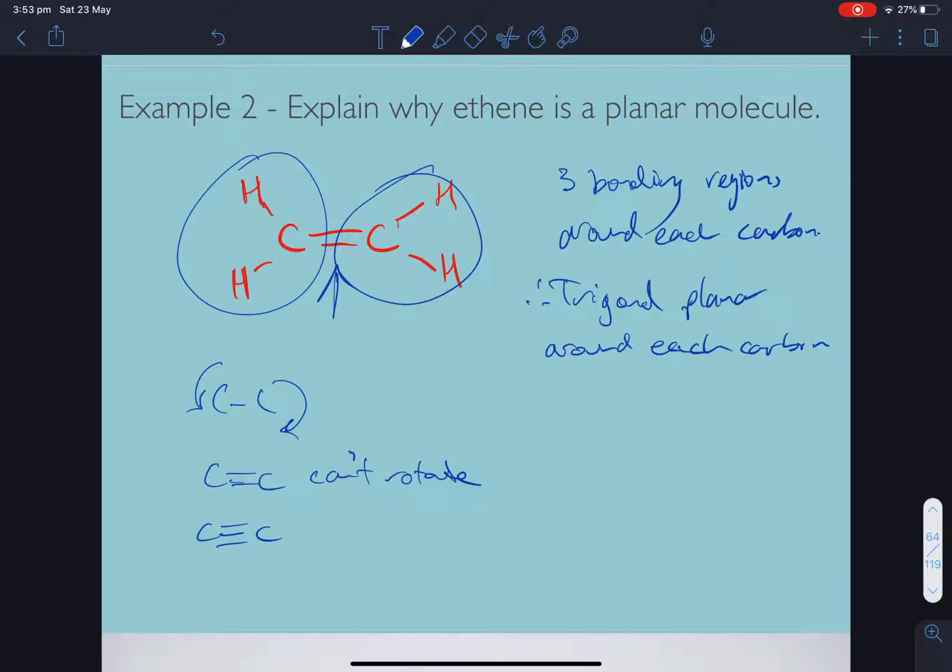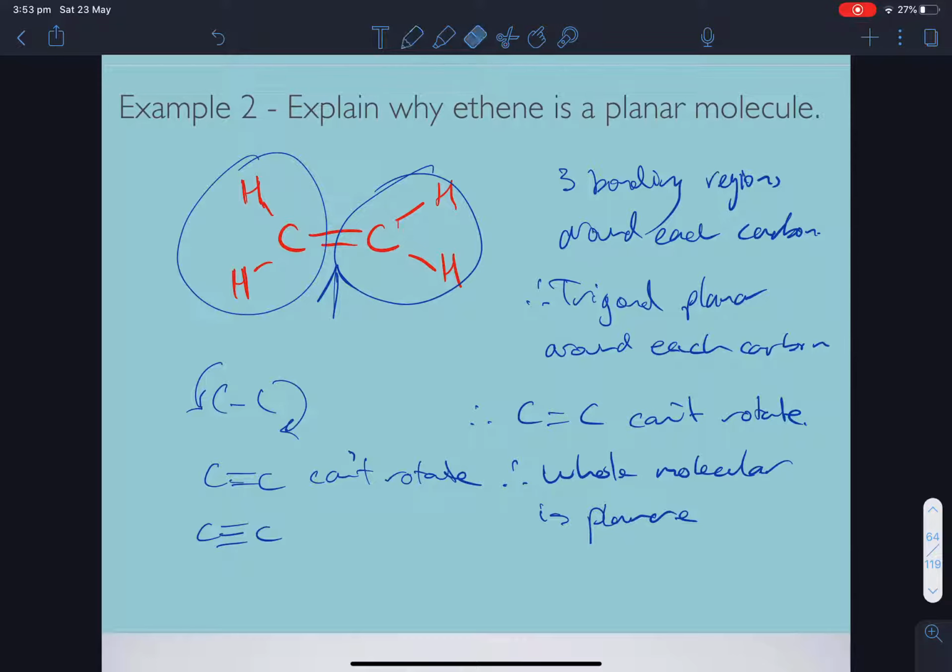So carbon to carbon can't rotate. Therefore, the whole molecule, those 2 planar parts are in the same plane. So the whole lot is planar. Whole molecule is planar. So each half is planar.